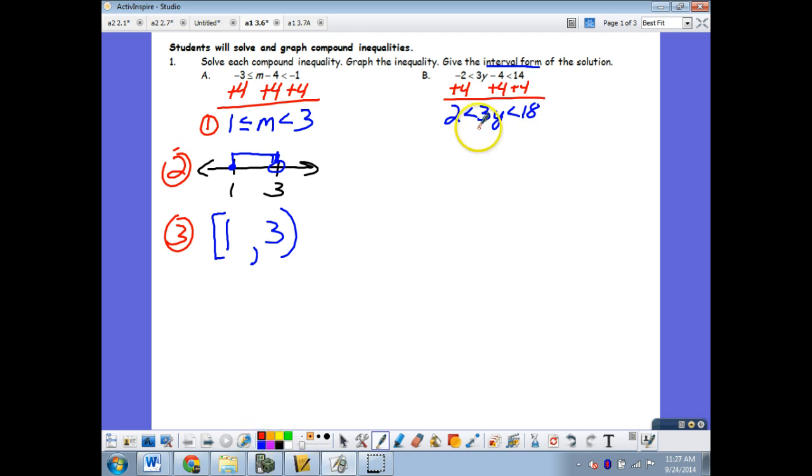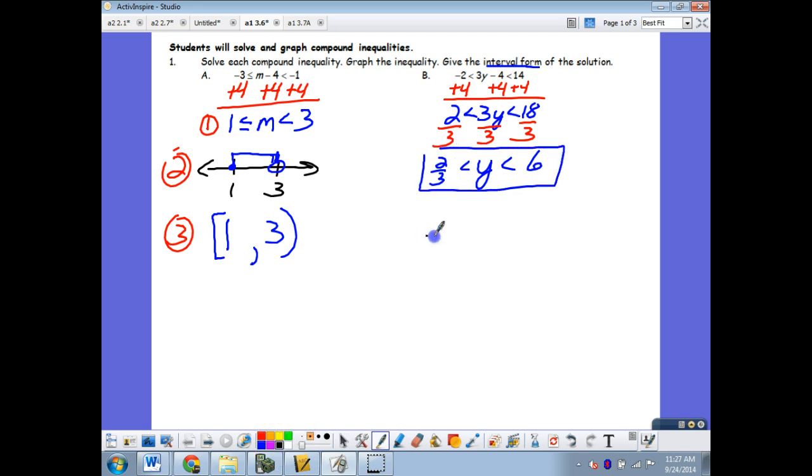Y is not quite by itself yet, so we're going to have to divide by 3 in all 3 places. Now, again, since we are dividing by a positive number, we don't have to worry about flipping these inequalities. So we are left with y in the middle, left side 2/3, right side 6. So that is the inequality form of the solution.